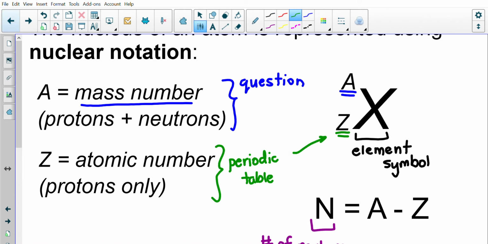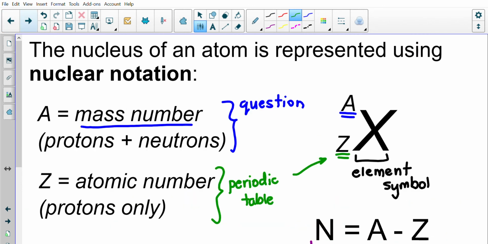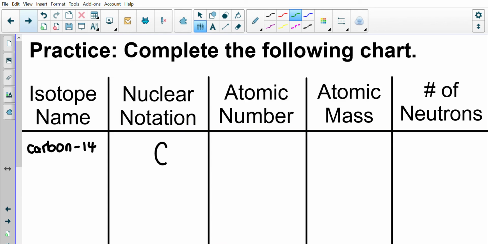When I look on the periodic table for carbon, I see that carbon has 6 protons. Okay, and then the number that goes above 6 is just the mass number, which is given in the isotope name, and it's 14. There we go.